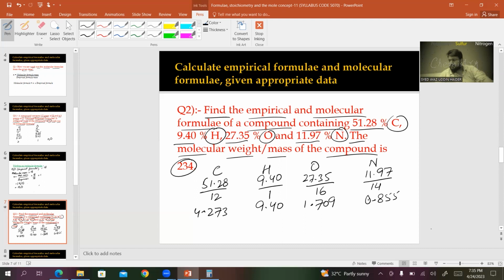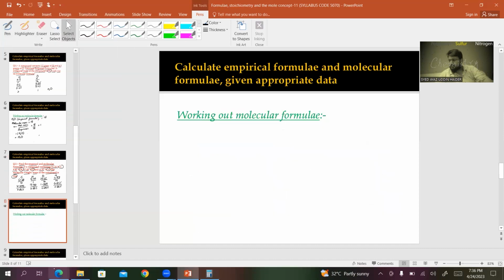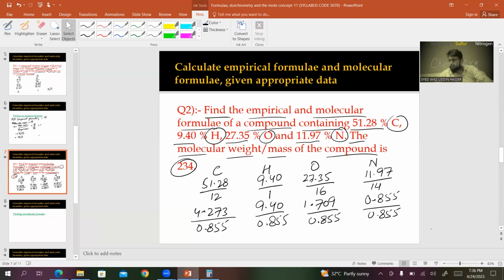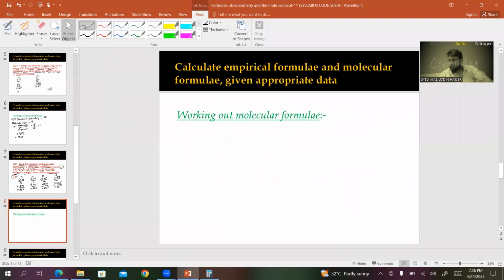So 0.855 is the smallest number, so we will divide all the values by 0.855. I will continue the calculation on the next slide.